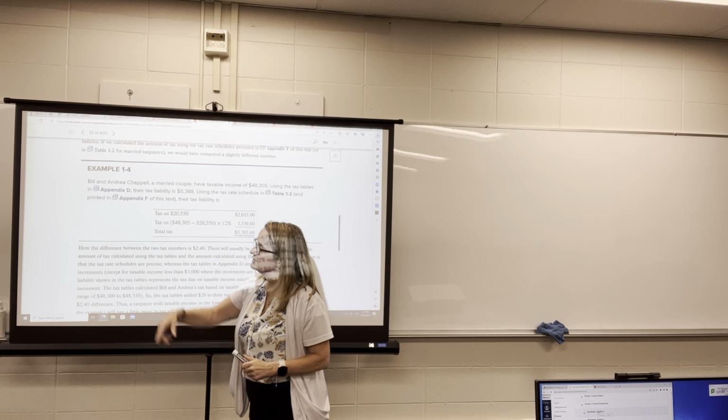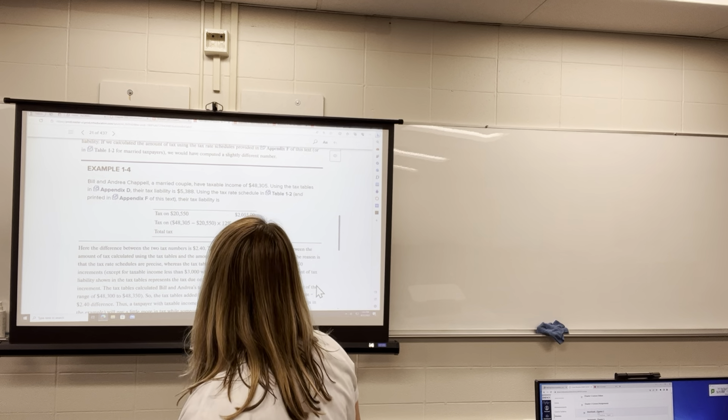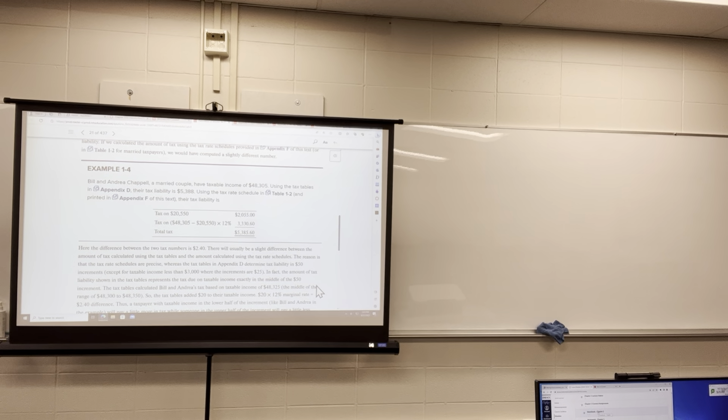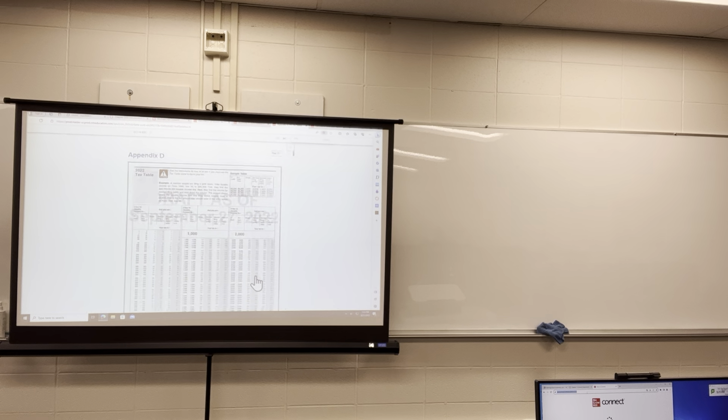All right, so $48,305. From the table, their tax liability is $53.88. Let's pull up the table and take a look at it. So $48,305. They're married, filing jointly.